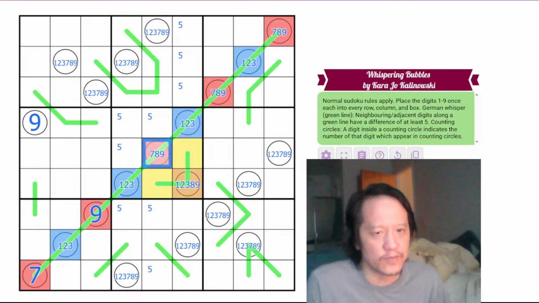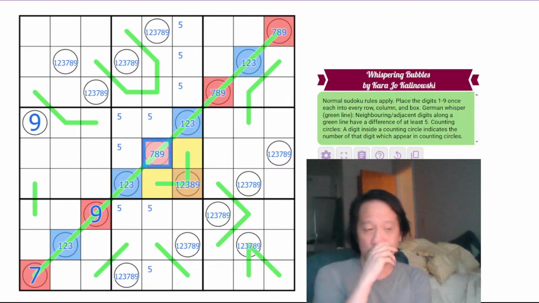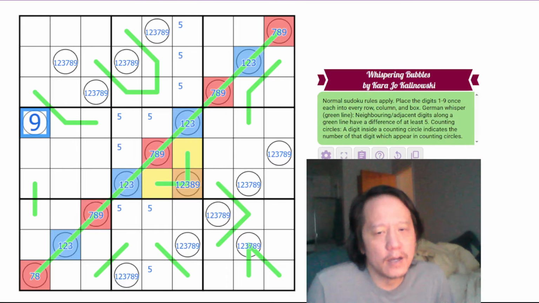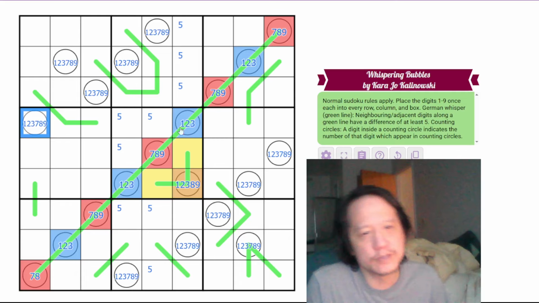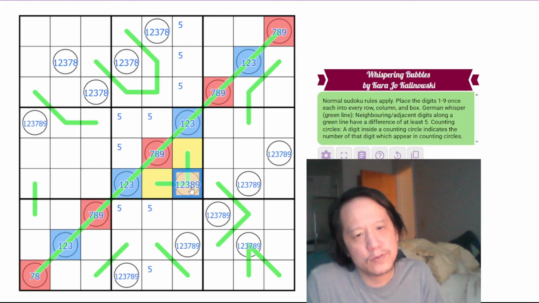So then we have the choice between 1, 3, 8, 9, which seems like it works, and then 1, 2, 3, 7, 8. What do we do with 1, 2, 3, 7, 8? No 9. Okay.